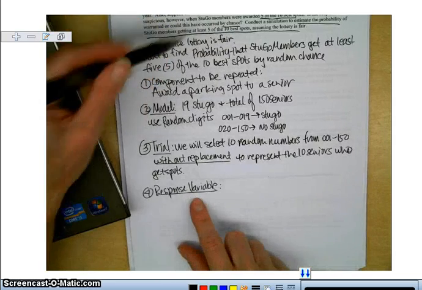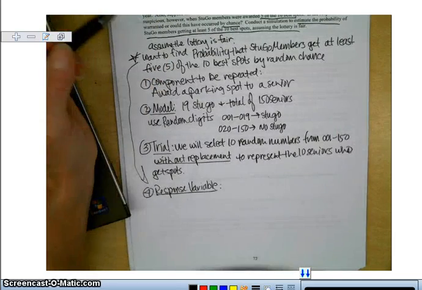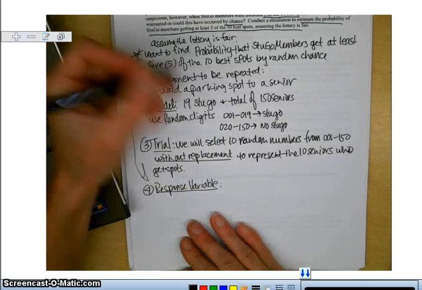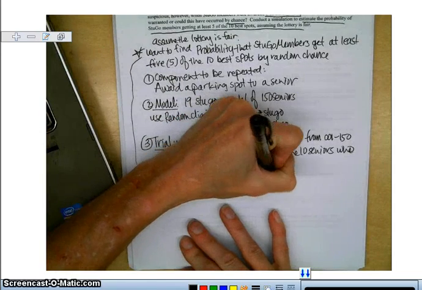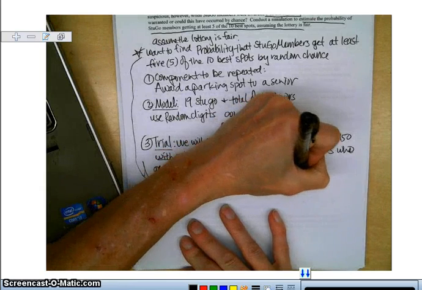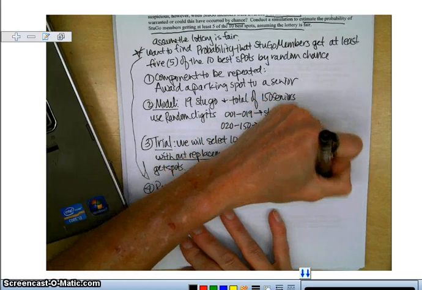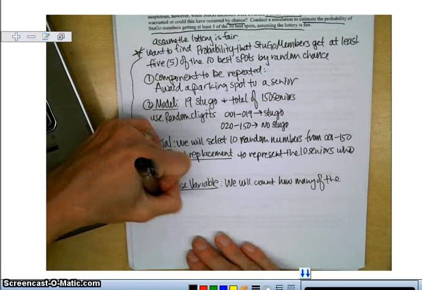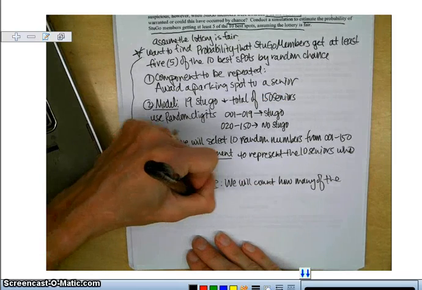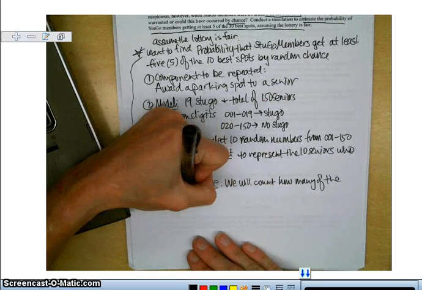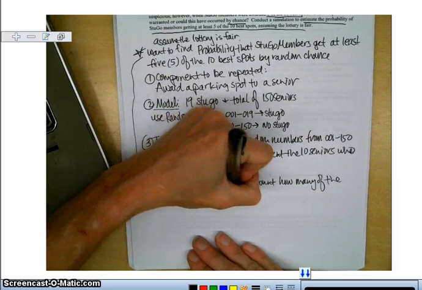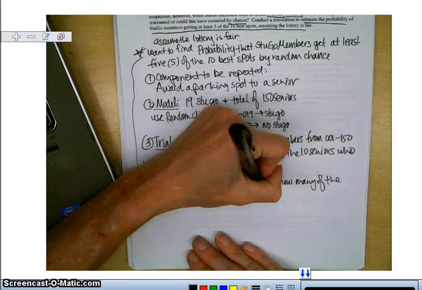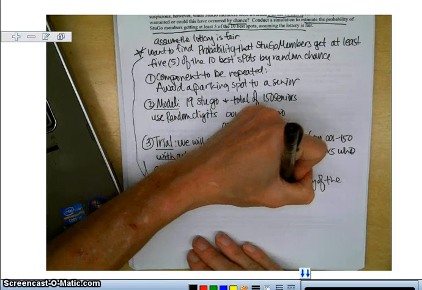So the response variable is related to what we're trying to figure out. So the response variable, we will count how many of the 10 people selected were in STUGO. So in other words, from the numbers 1 to 19.